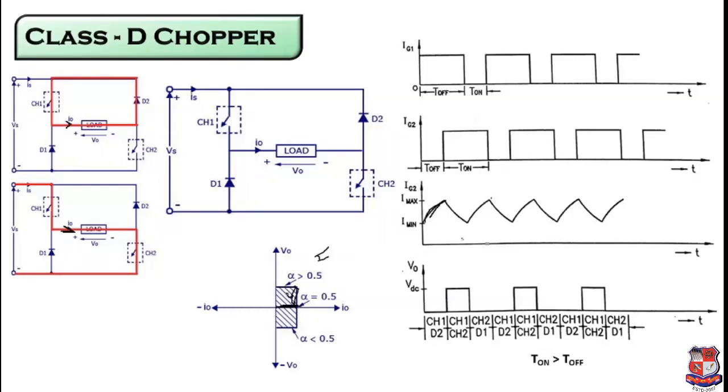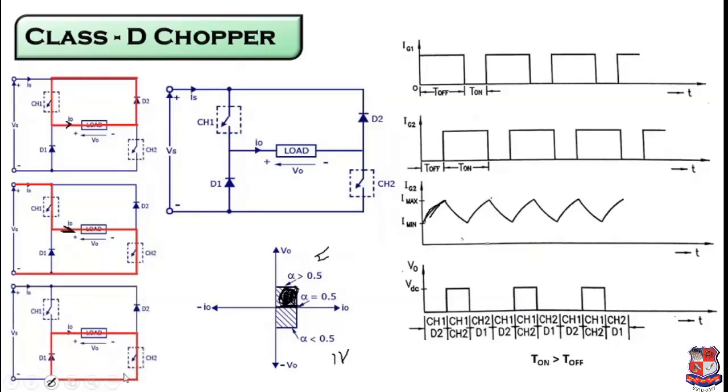So in this mode, you are able to operate in the first quadrant. When T on is less than T off, you are able to operate in the fourth quadrant. When T on is greater than T off, you are able to operate in the first quadrant. So by changing the on time and off time, you are able to operate in more quadrants.